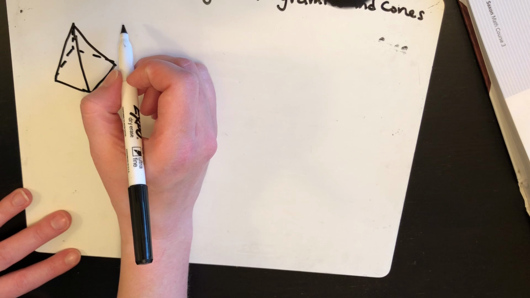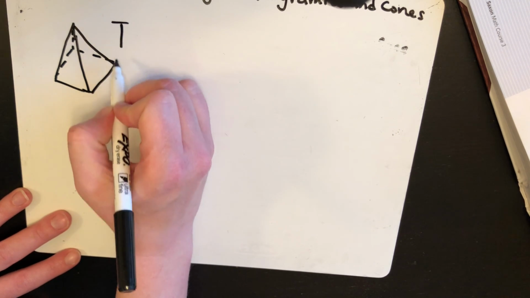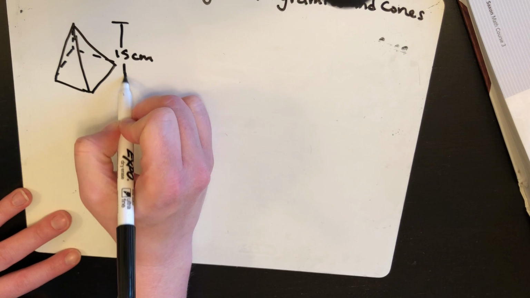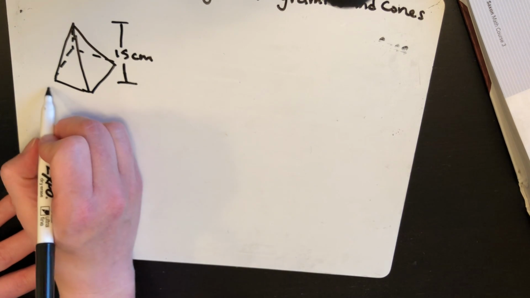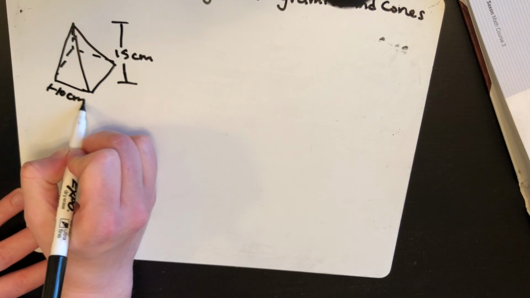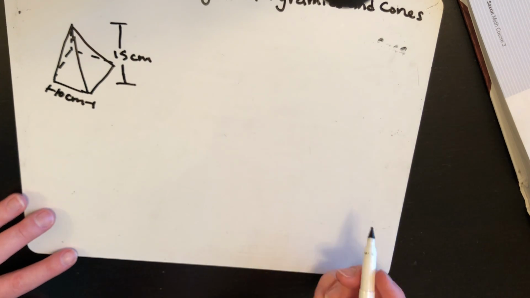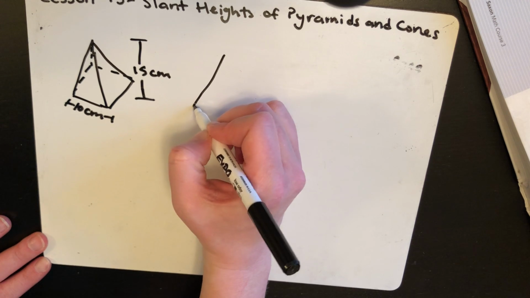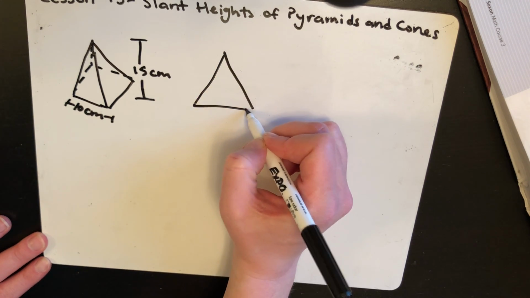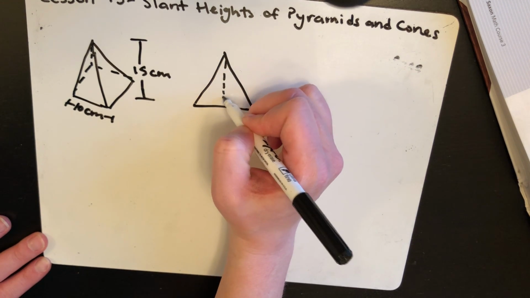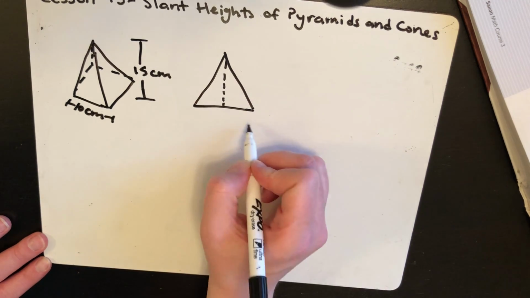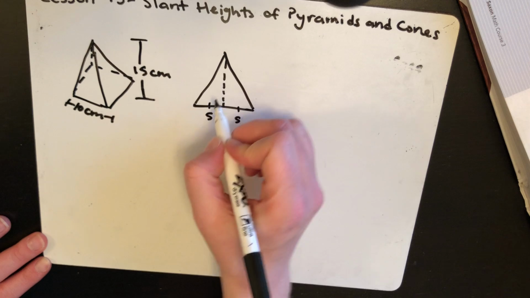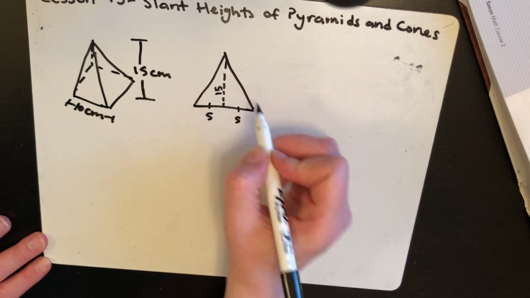Let's say we have 15 centimeters here for my height and 10 centimeters here for my base, right? If that was a birthday cake and I cut a cross section out, I would again get an isosceles triangle. Pretend that's even. This whole thing is 10, so each of the bottoms here is going to be 5. And then my height is 15.